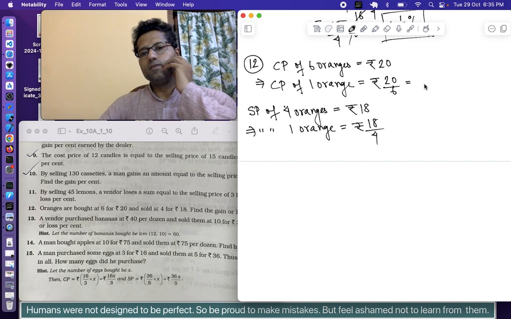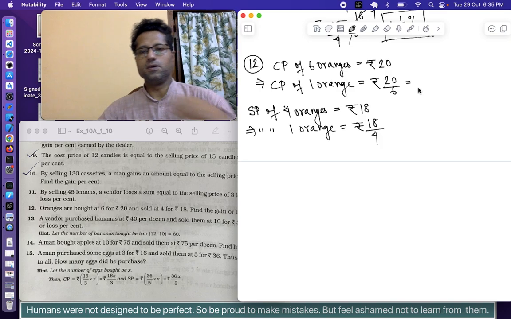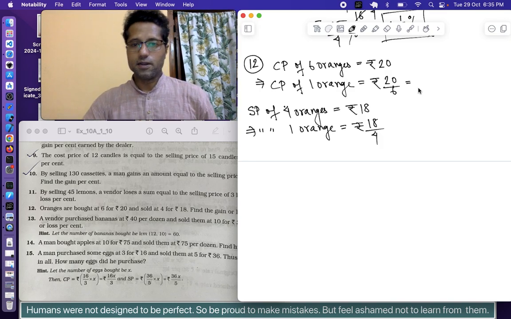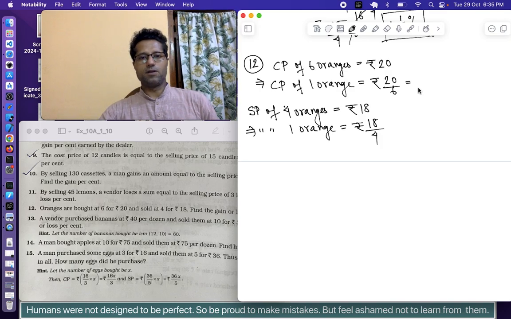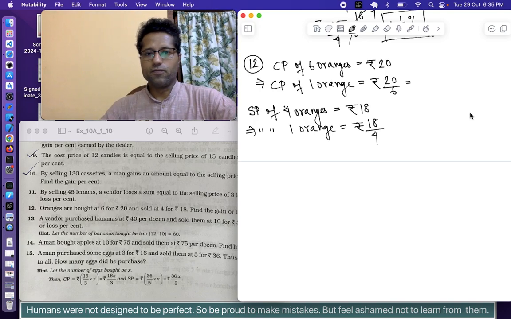So one way to get rid of this fraction is you can find the CP or SP of a certain number of oranges, and that certain number of oranges will be the LCM of 6 and 4. Then we can get rid of this fractional price.